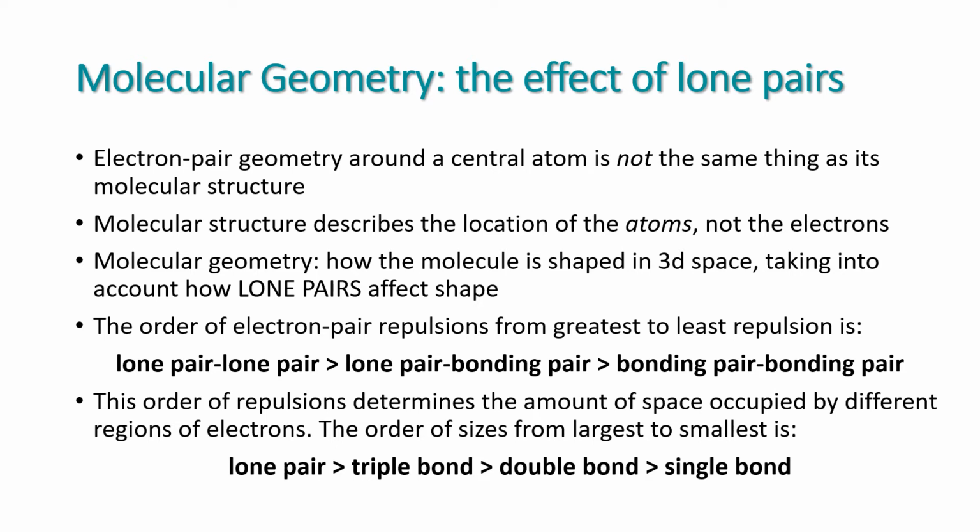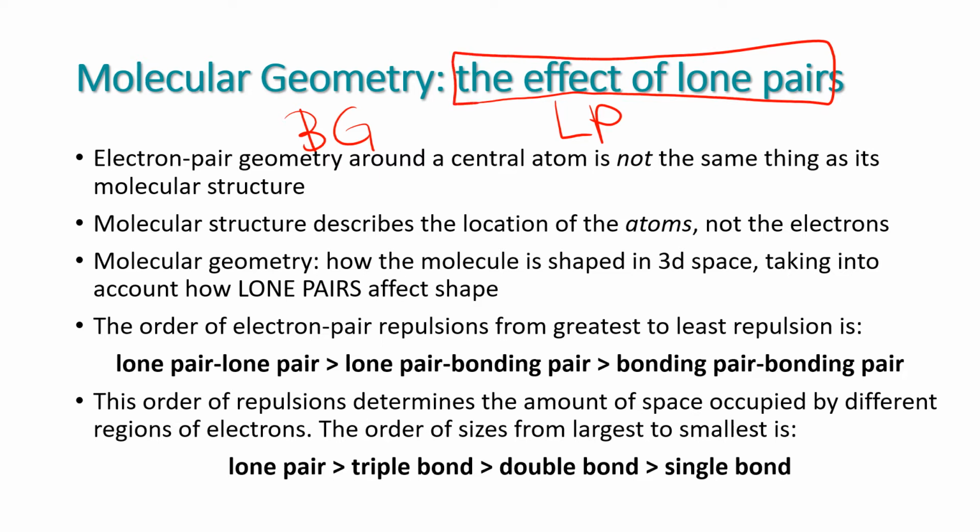For molecular geometry, we are going to differentiate between how many bonding groups we have versus how many lone pairs, because lone pairs do affect the overall shape. So we learned about electron geometry, that just has to do with electron groups. Molecular geometry is the actual shape that the molecule will take based off of how many lone pairs you have.